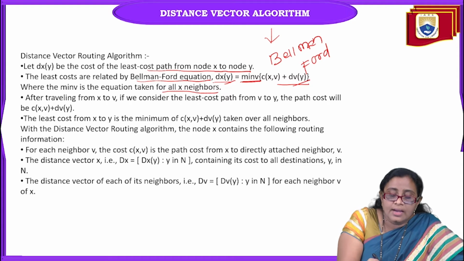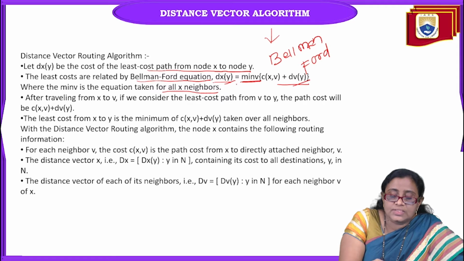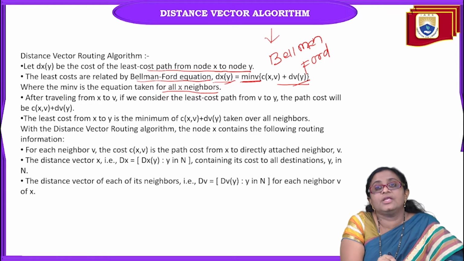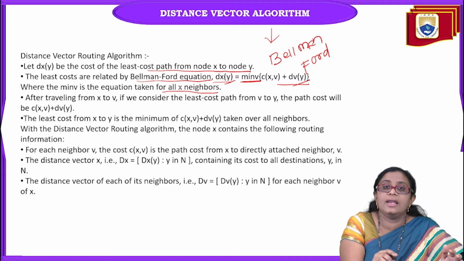The equation is dx(y) = min over v of {c(x,v) + dv(y)}, where the minimum is taken over all of x's neighbors, that means the directly attached neighbors.